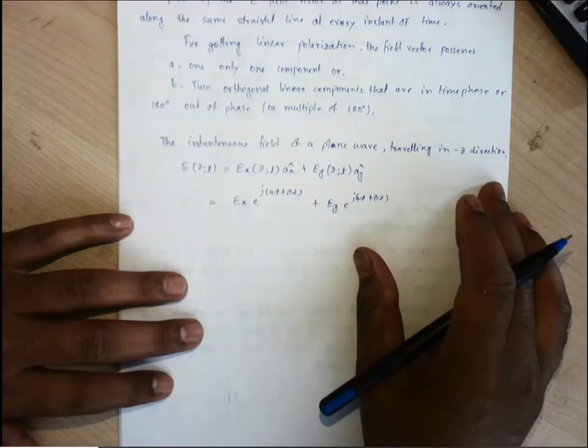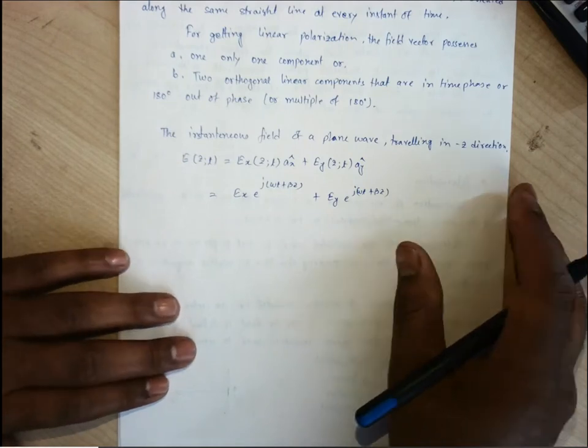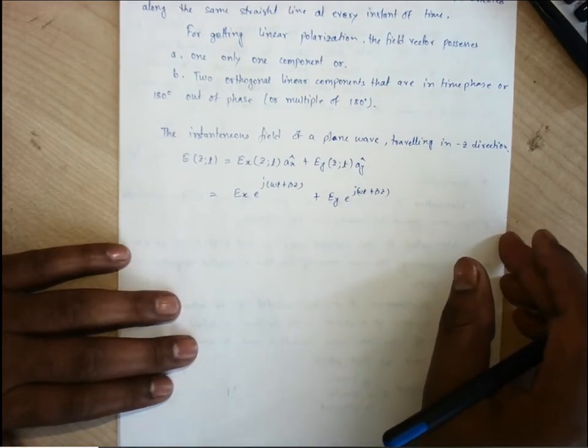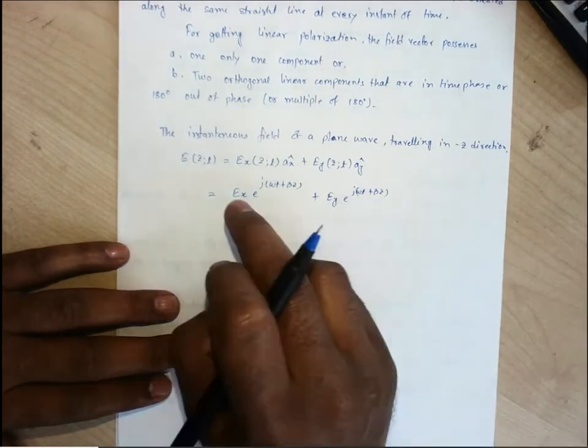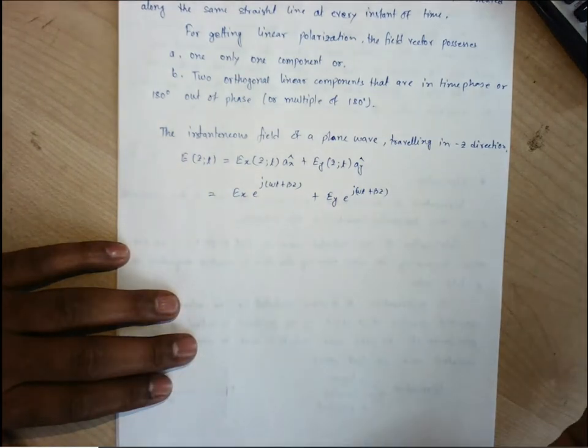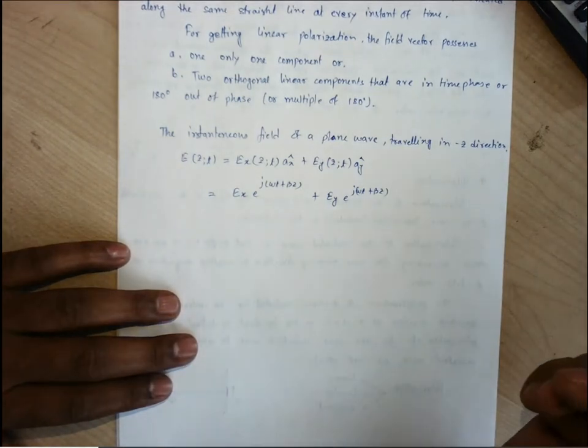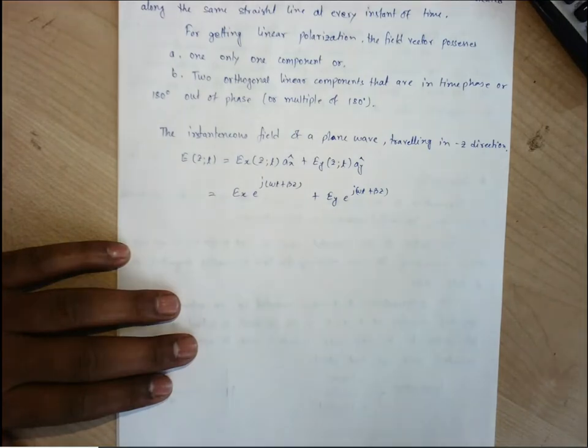Now let us consider that some phase value is included in these two components, which means they have not started at the origin but from some other point.